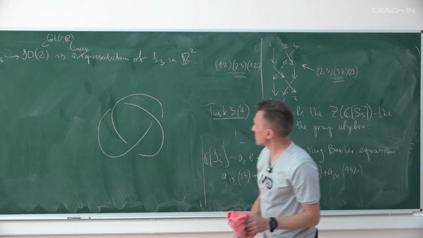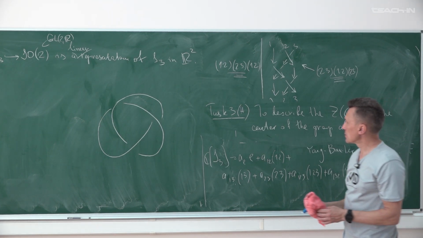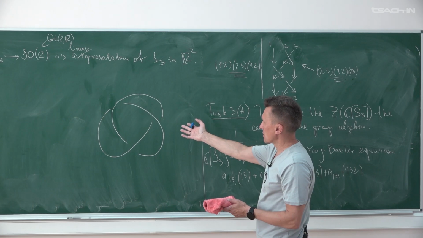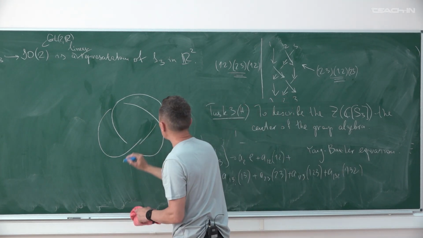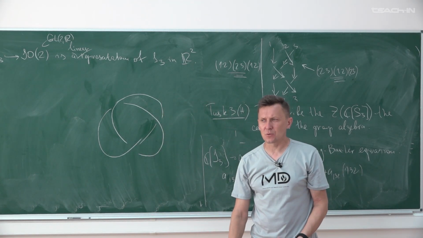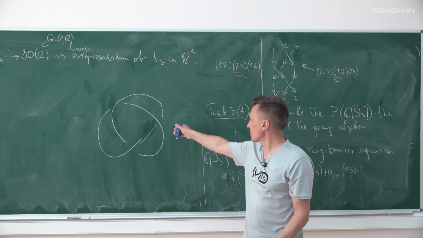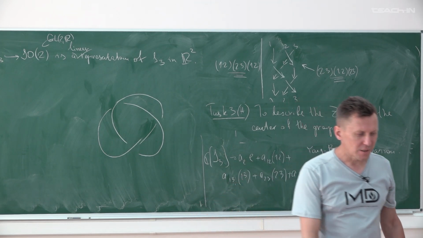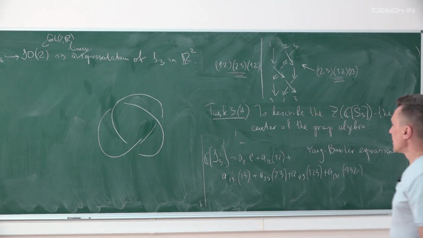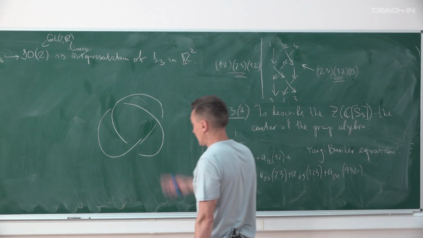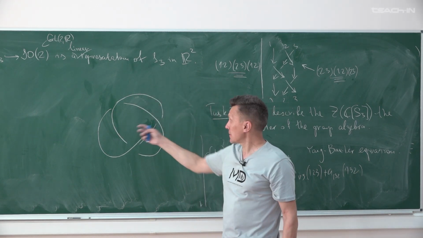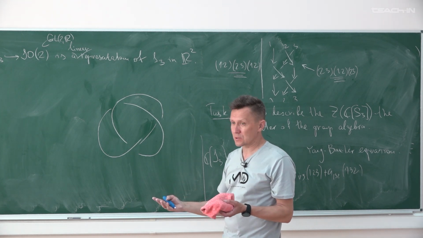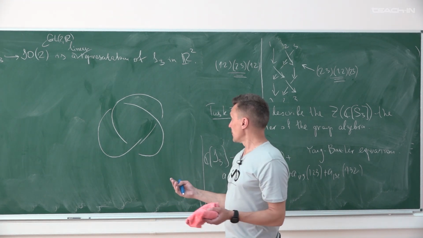It's the trefoil knot. How does one call this non-trivial knot? It's the most simple non-trivial knot, and there are a lot of different knots. And this simple topological problem produced many applications in other subjects.